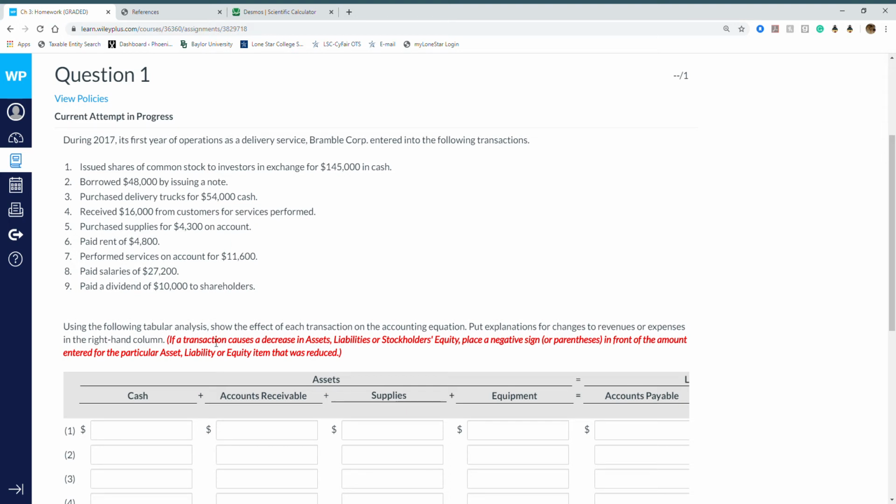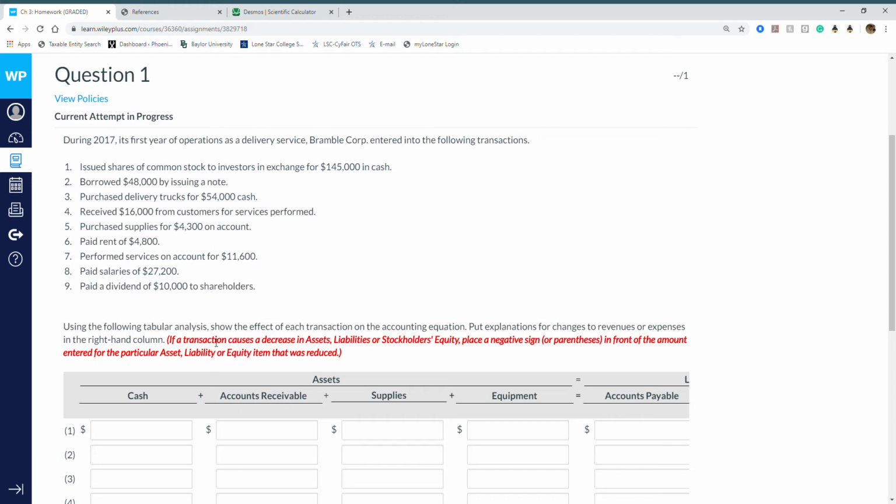We're going to use the following tabular analysis showing the effect of each transaction on the accounting equation. We're going to put explanations for changes to revenue or expense. And if a transaction causes a decrease in asset, liability, or equity, we must place a negative sign in parentheses in front of the amount entered for the one that was reduced.